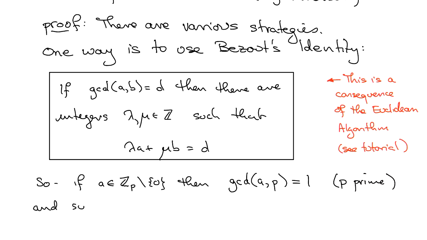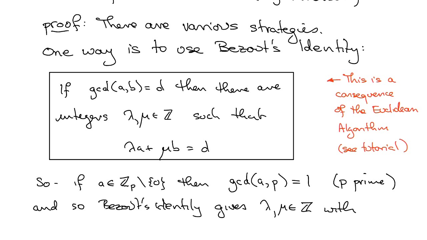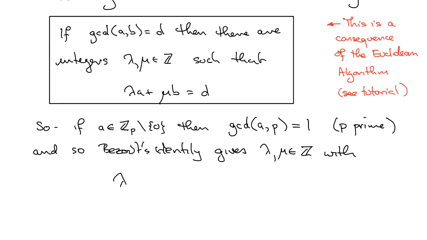And so by Bezout, in Z, now the b that I'm using here is p. That's an equation in Z.